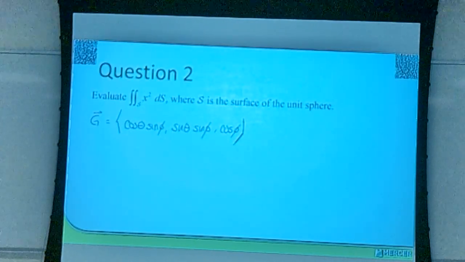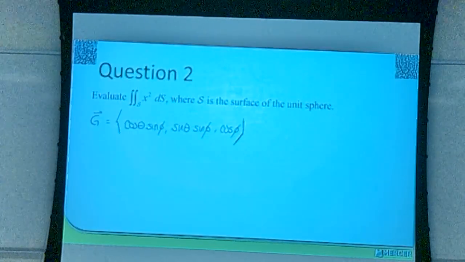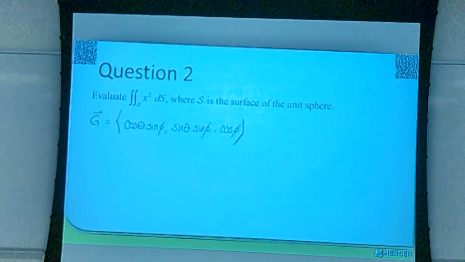X, Y, Z in spherical coordinates are rho cosine theta sine phi, rho sine theta sine phi, and rho cosine phi.